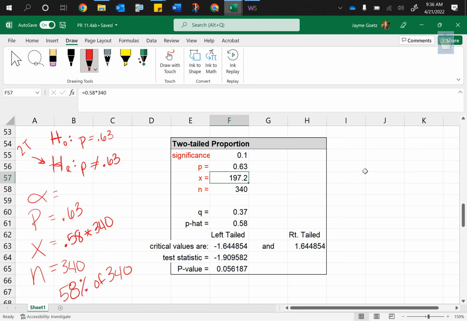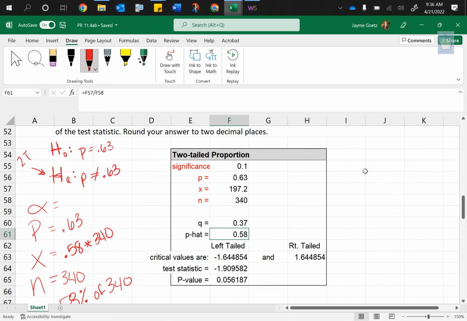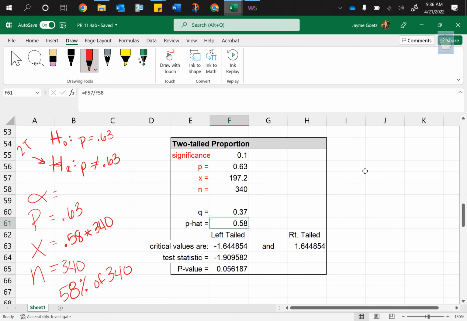Now, what information have we still yet to find? The significance level. Now, I want you to think, before we get all stressed about it, what are they asking me to find in this problem? The test statistic. Now, the significance level, that alpha value, is only used to find my critical values.